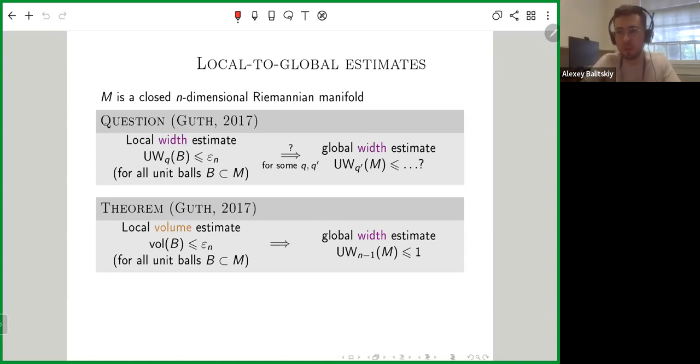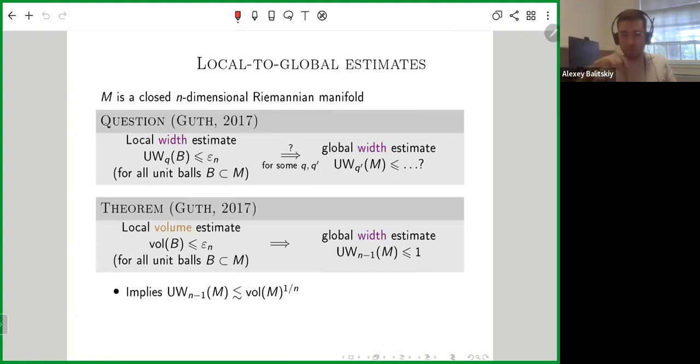If every unit ball in your n-dimensional manifold has small volume, there exist some epsilon_n dimensional constants such that you can prove that the approximate dimension of this manifold drops. So if your manifold has small balls, then its approximate dimension is less than n. It can in fact be approximated by something of lower dimension effectively.